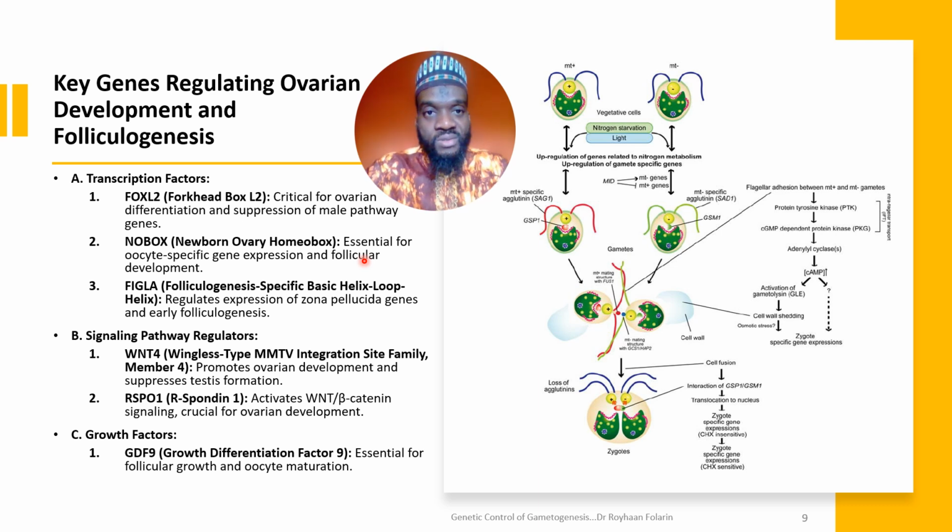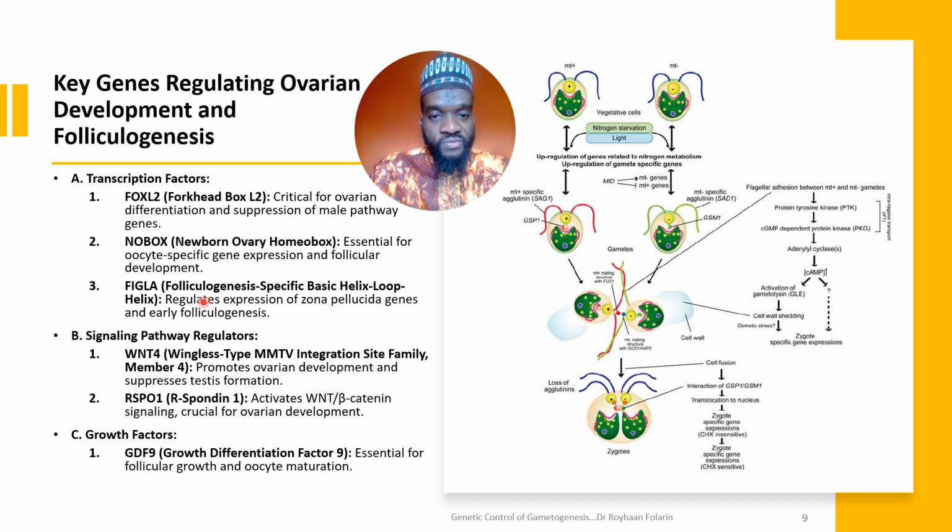Folks, NOBOX regulates the expression of genes that are involved in oocyte development and in folliculogenesis. That's what we call follicular development. That's folliculogenesis. So it's very essential for oocyte-specific gene expression. We also have the FIGLA.